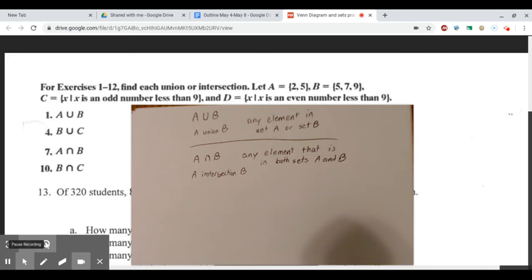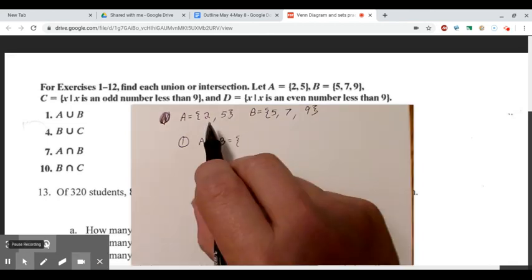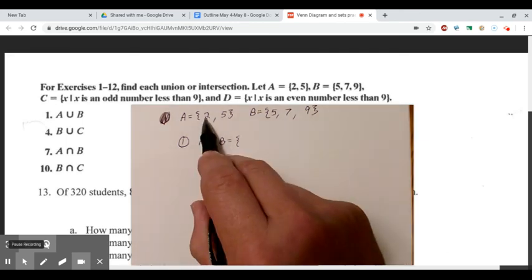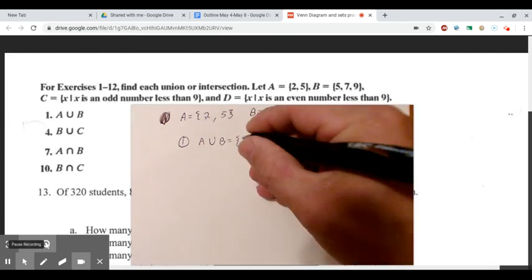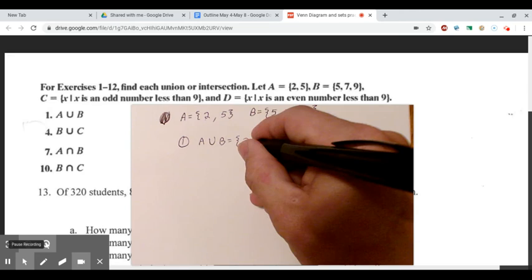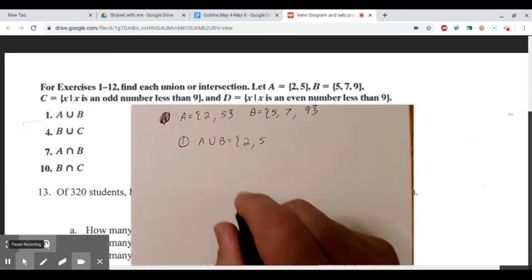Let's go ahead and take a look at number 1 to find the union of A and B. So number 1, with the A union B, what you're going to do is look for anything in either set. So since I see a 2 in set A, that's going to be part of this new set. Since I see a 5 in set A, it's going to be there as well.